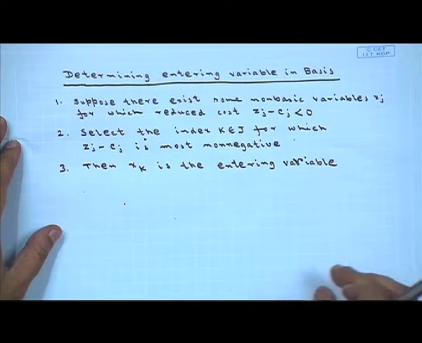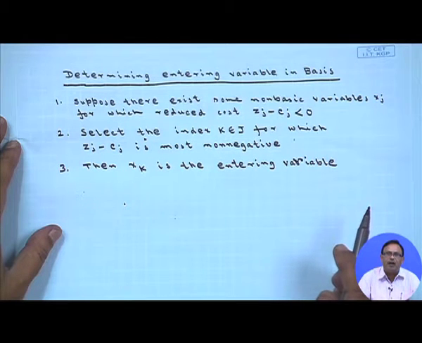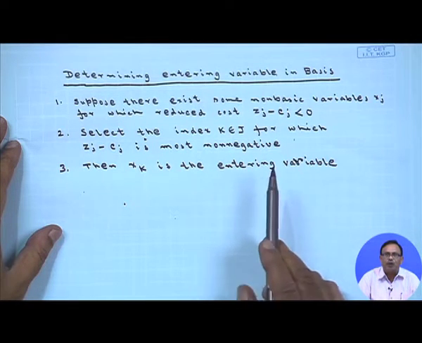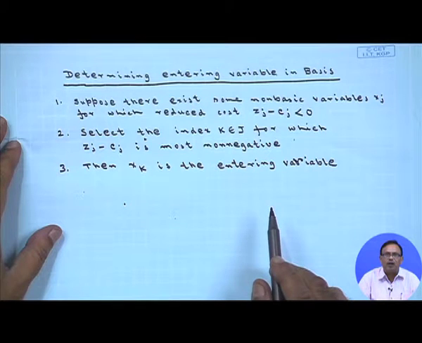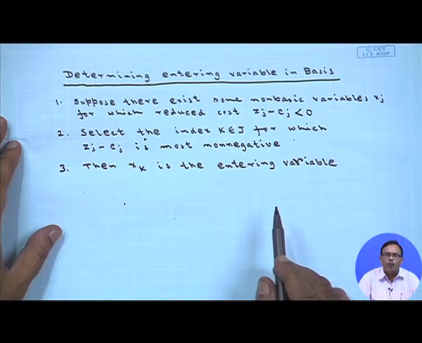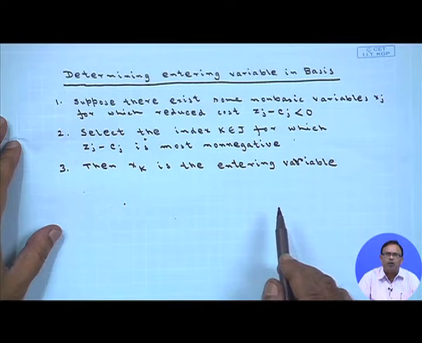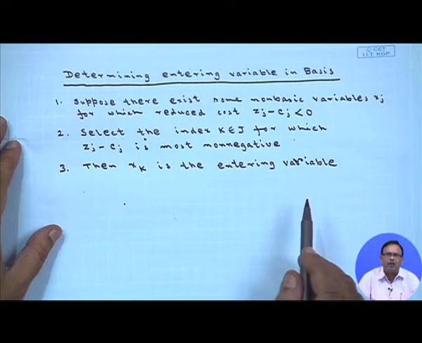Suppose there exists some non-basic variable xj for which the reduced cost Zj minus Cj is less than 0. As we have told, if Zj minus Cj is greater than or equal to 0, we have obtained the optimum solution.